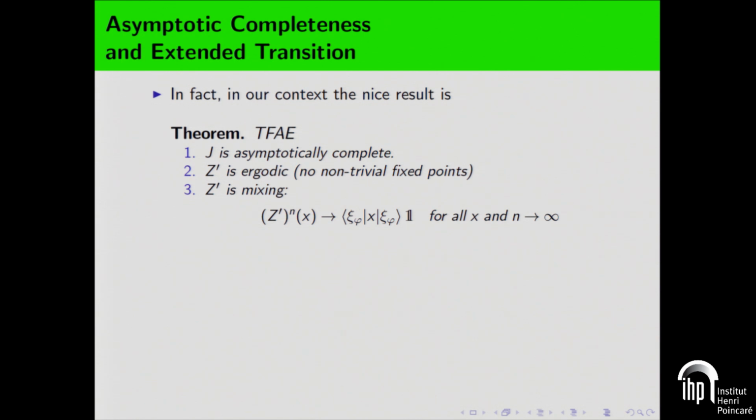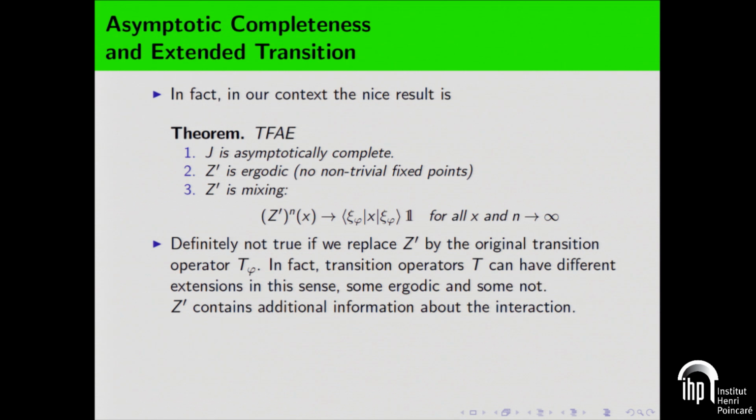So let me say that a result like this is definitely not true if we replace Z prime by the original transition operator, T phi. In fact, transition operators T can have different extensions in this sense. Some are ergodic and some not. So in other words, the original transition operator does not contain all the information about being asymptotically complete or not.